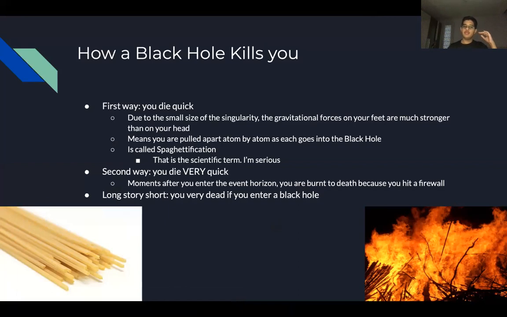So if you were to fall in feet first, the gravitational forces on your feet are stronger than those on your head because they're closer to the singularity. The forces are so strong that your feet are pulled apart atom by atom. You're pulled apart atom by atom as each part of you is torn into the black hole.